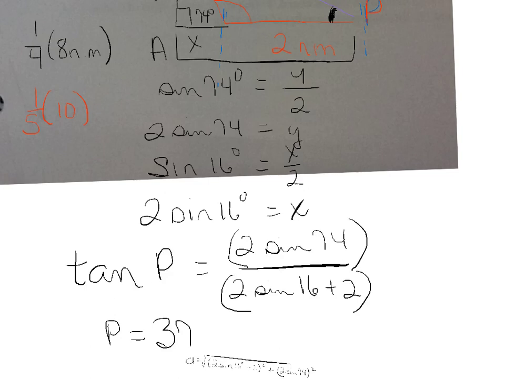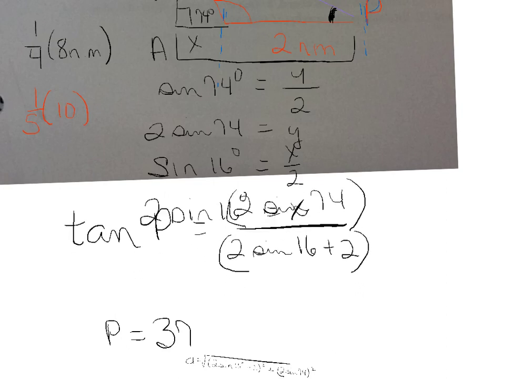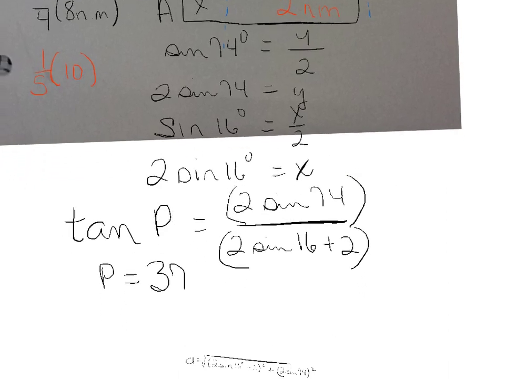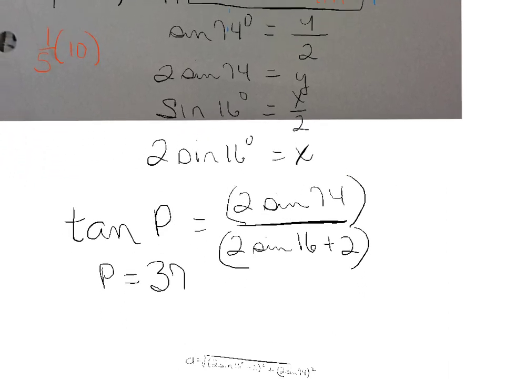So our bearing then, is it going to be from south or north? North. How do we find out what that is? Is it 90 minus 37, which is 53?